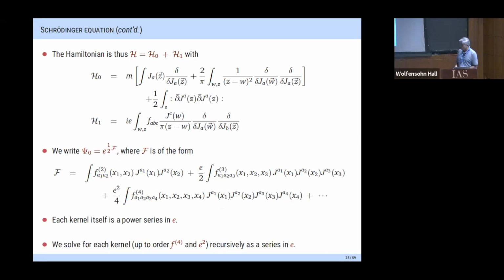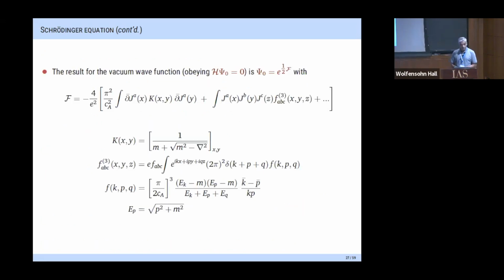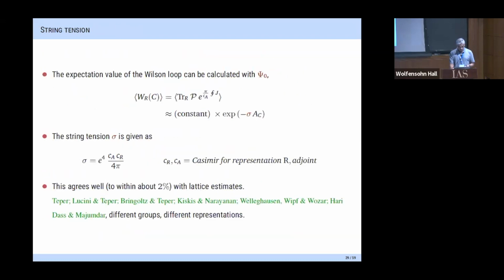I think I displayed it somewhere. Oh, here it is. F3 is here. I haven't shown F4. It's a more complicated expression, but you'll find it in my notes if you want to take a look at it. We then calculated the string tension, and I showed you a formula for the string tension, which was this one here from the lowest order result for the wave function.